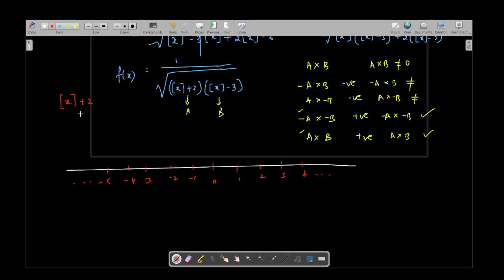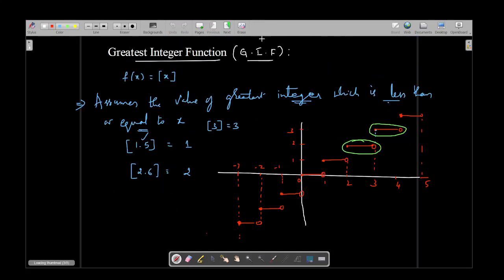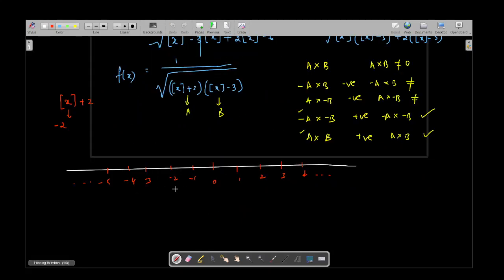Whenever [gi of x] is minus 2, this becomes minus 2 plus 2, which is 0. So this is not permissible. From minus 1 to minus 2, this is not permissible.